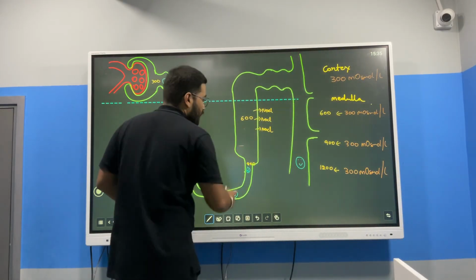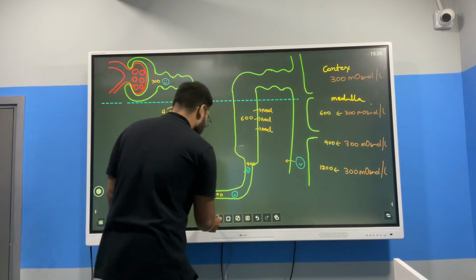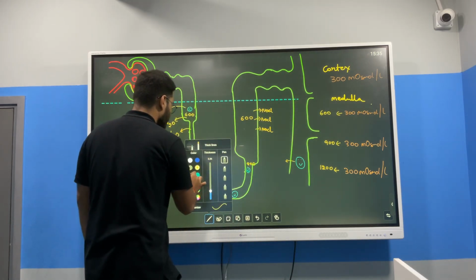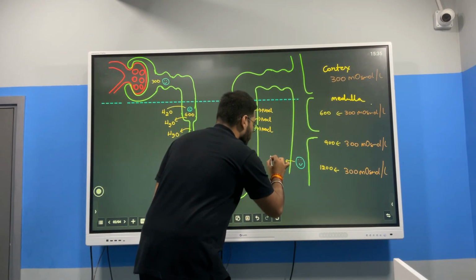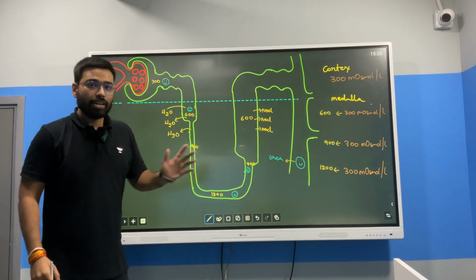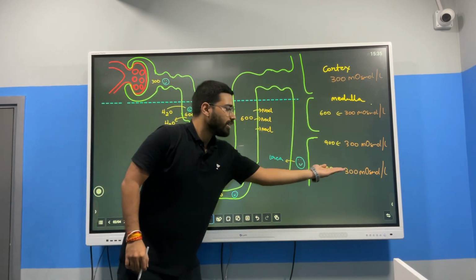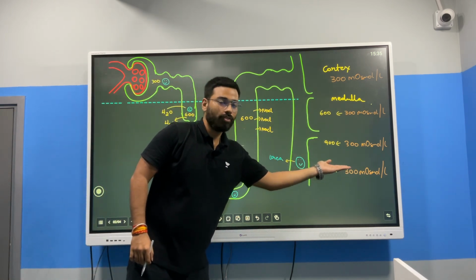So going back, this urea became very happy, and the urea came out dancing.